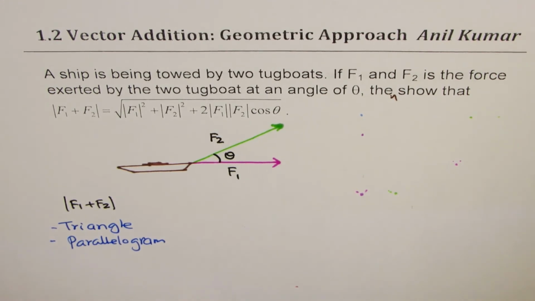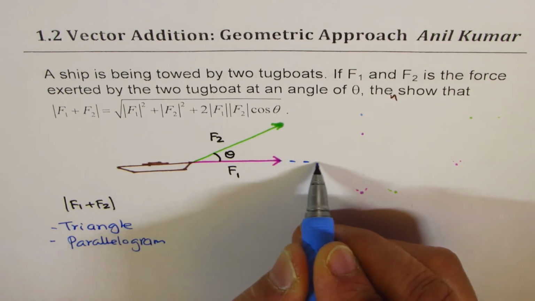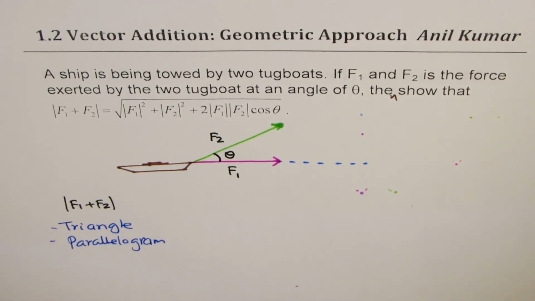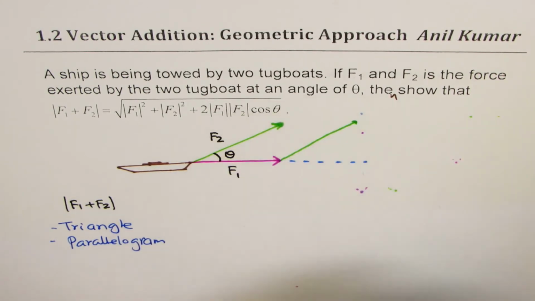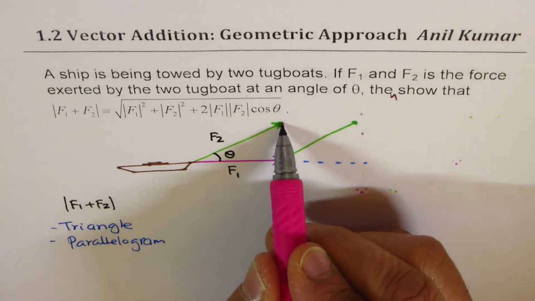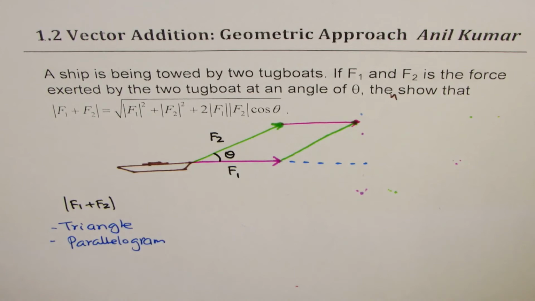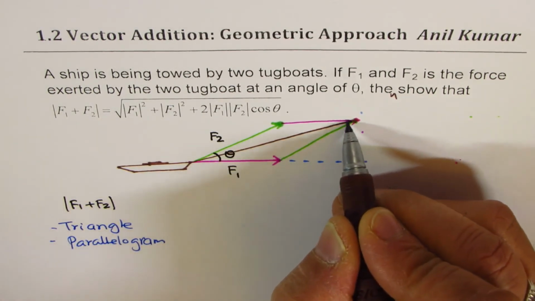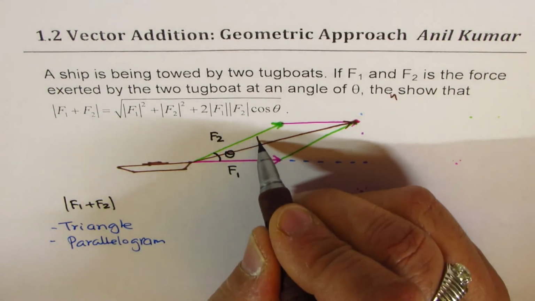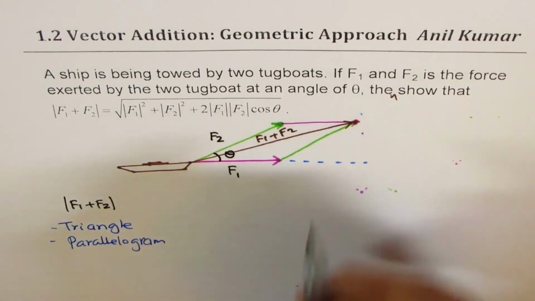Now, if I use, let us say, the parallelogram, for example, in that case, I will sketch this here and complete my parallelogram. Then the resultant will be this, correct? So that is F1 plus F2. Perfect.